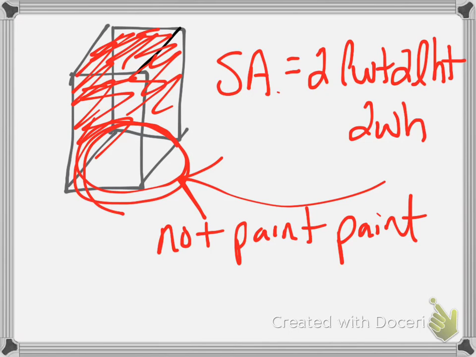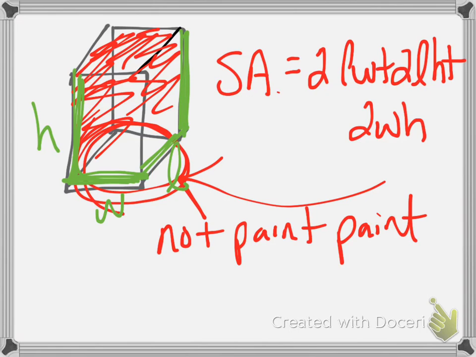So if I label my picture for you, if this is my length right here, and this is my width, and this is my height, my 3 dimensions, then I have 2 HWs, because that would be my front walls. I have 2 LHs, because that's my 4 walls.